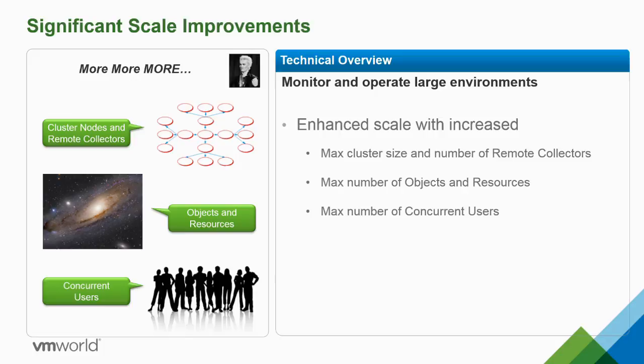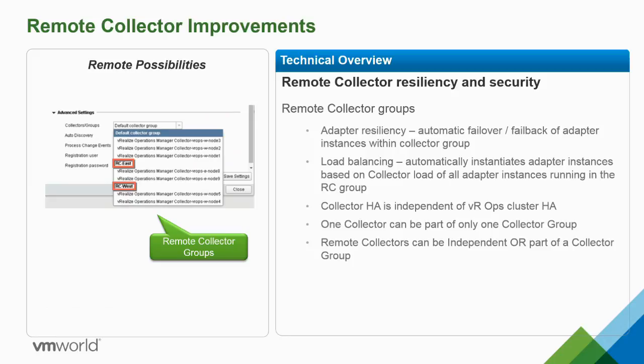So you can download that spreadsheet and say, we have this many VMs, this many hosts, this is what our environment is, and then it recommends the appropriate sizing for you. So we have that for you. So kb.vmware.com, just look for Operations Manager 6.1 sizing, and you'll be able to get that detailed information on scalability.